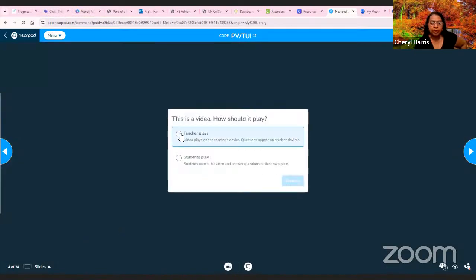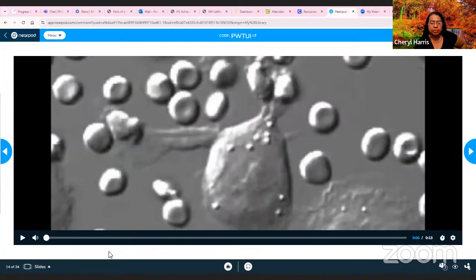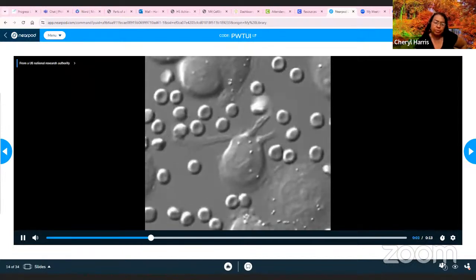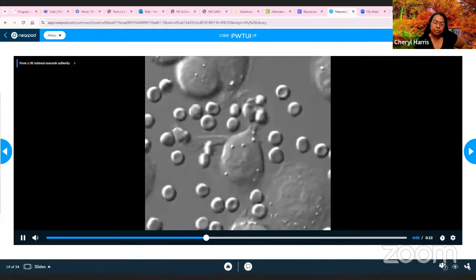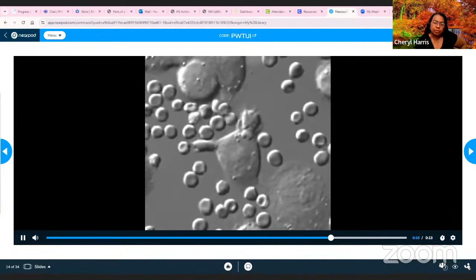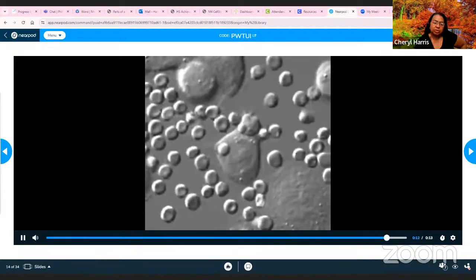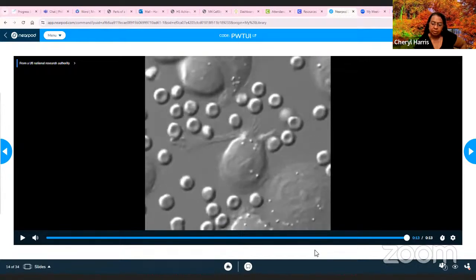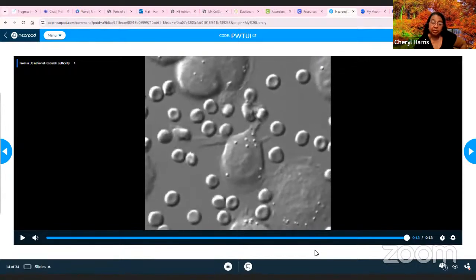Okay. And I'm going to go ahead and play this. Watch that cell in the middle. I'm going to play. It looked like it repeated itself anyway.